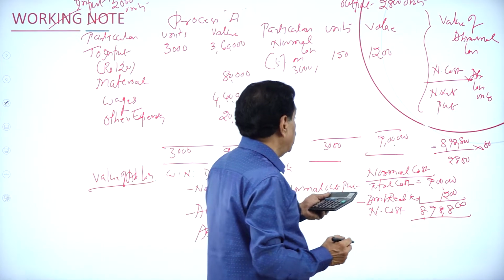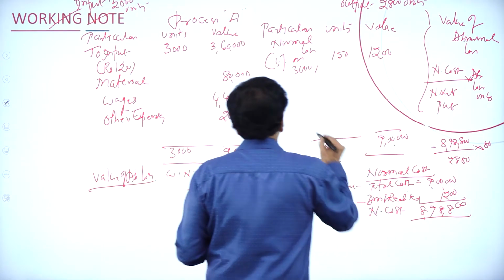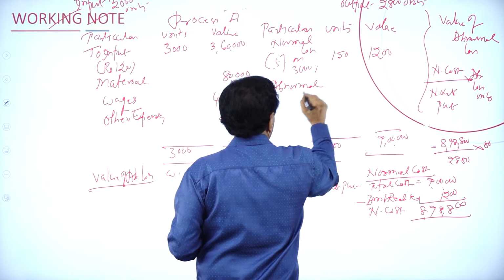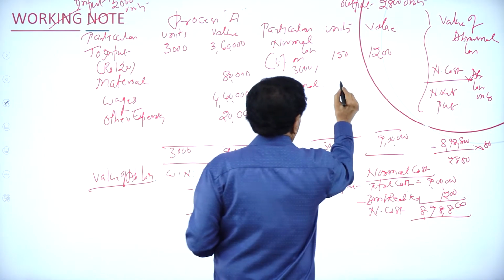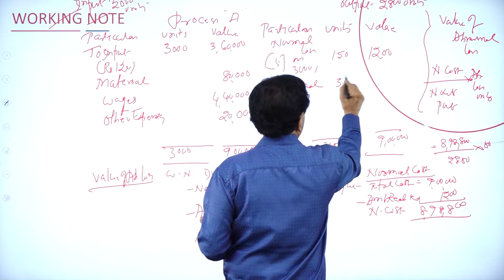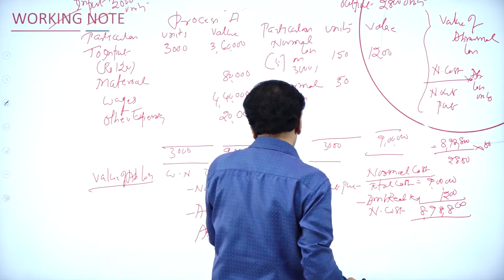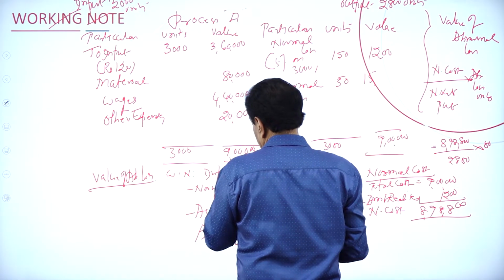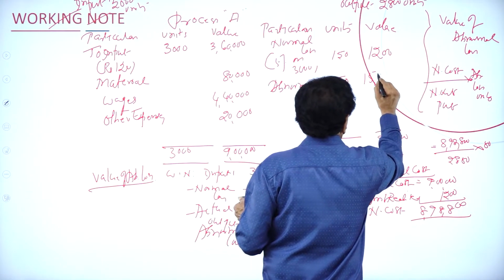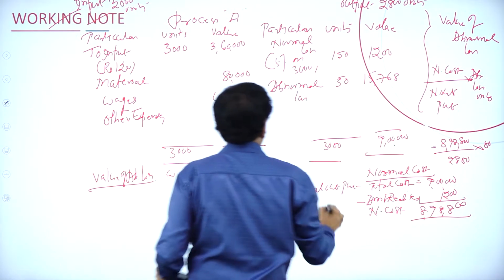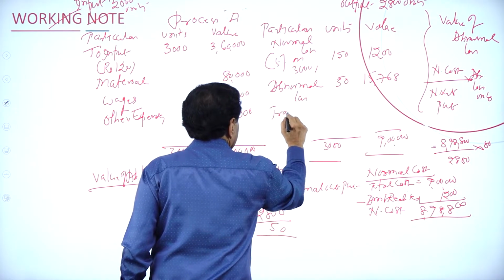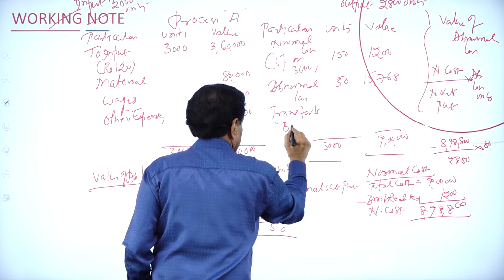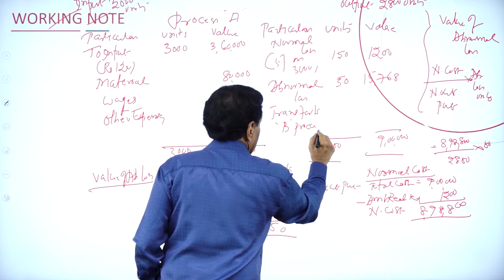So 15,768 abnormal loss, 50 units. Value is 15,768. Transfer to the costing profit and loss account, the difference amount.